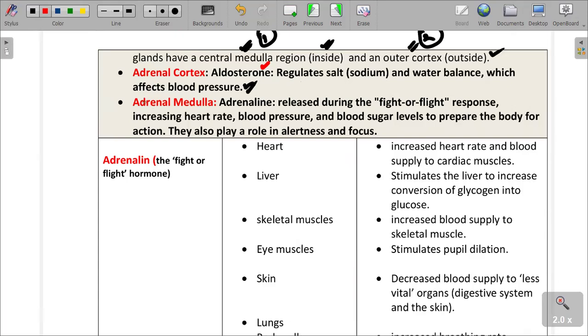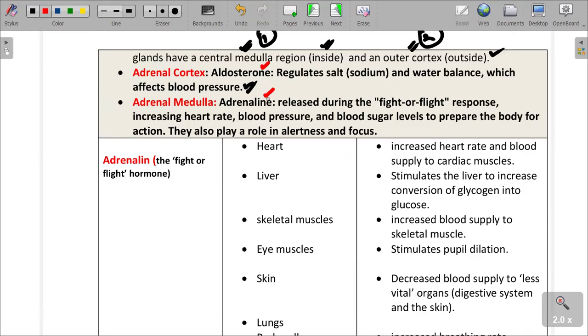And then this one, adrenal medulla, we said that the adrenal glands are found on what? On top of each kidney. So now what I want you to understand is that the adrenal medulla is the one that releases what?